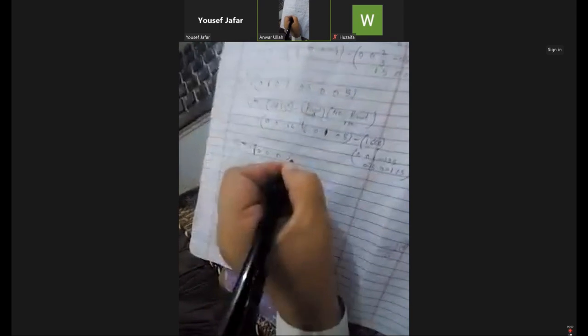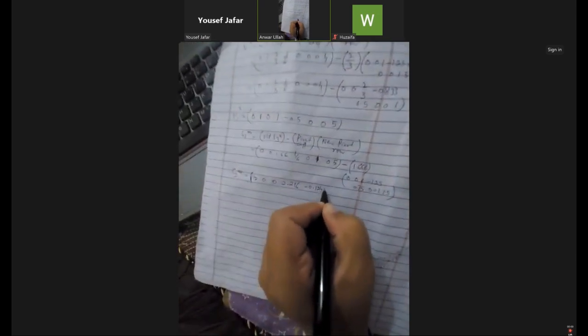One divided by 6 plus 2.05 is 2.216. Now 1.66 multiplied by 0.75 is equal to minus 0.1245.